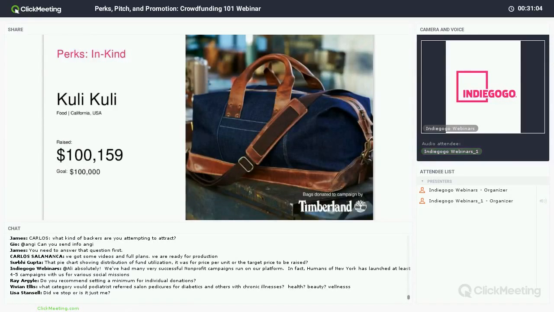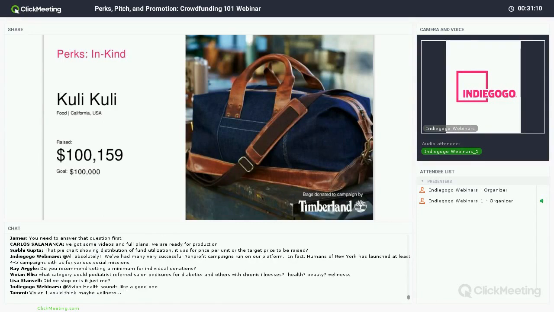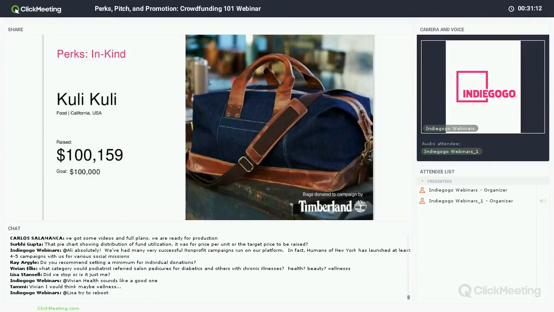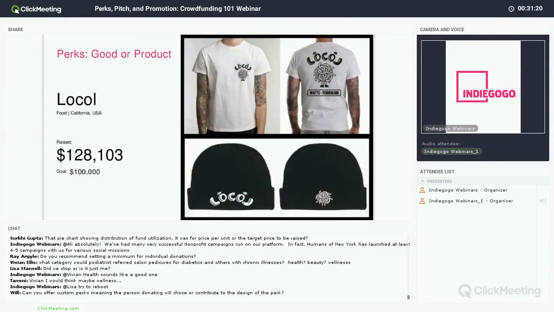Just think about what your audience might like and what your friends in your personal network might be able to offer in exchange for it. So again, you want it to be in line with what you're doing. If it's a goofy campaign, something like that works, but think deeply about what your backers might actually want.